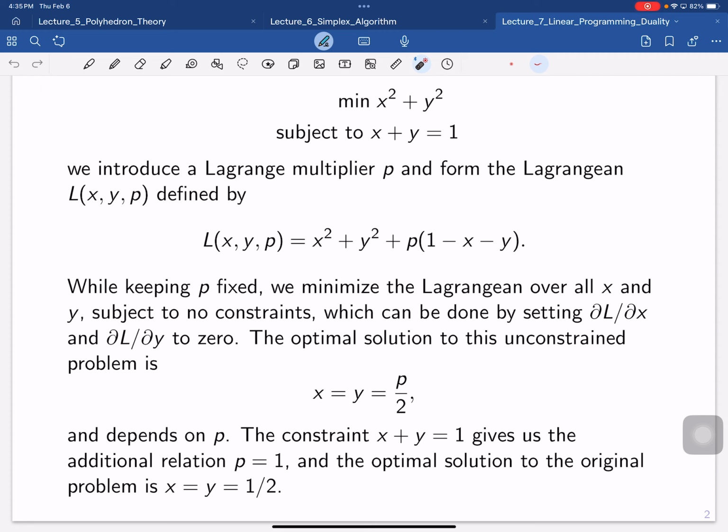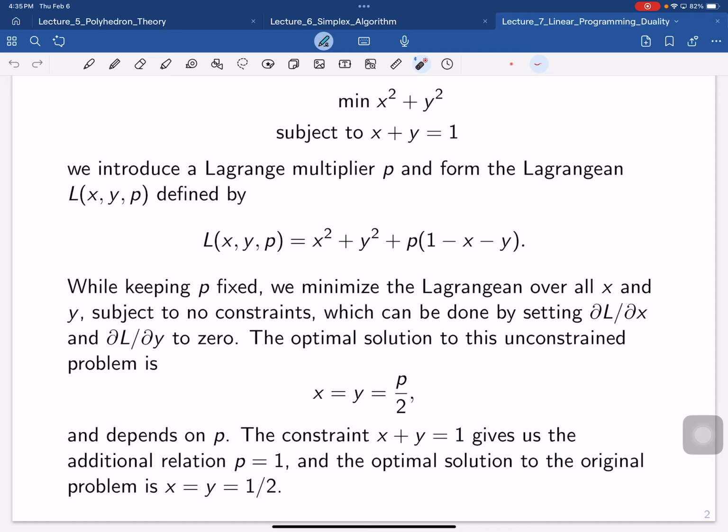This is just an intuitive way to think about this problem. Maybe you have heard about this in your previous calculus class. You can think about p as penalizing the violation of the constraint, but then if you combine this with the original constraint, you get the solution to this problem. We will generalize this idea when we talk about nonlinear programs.